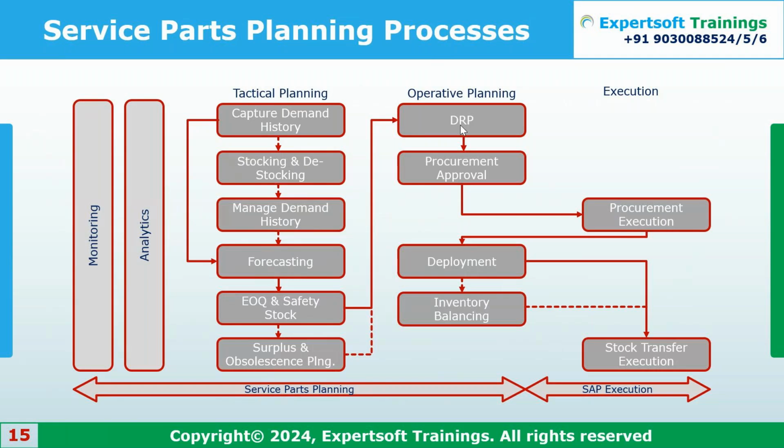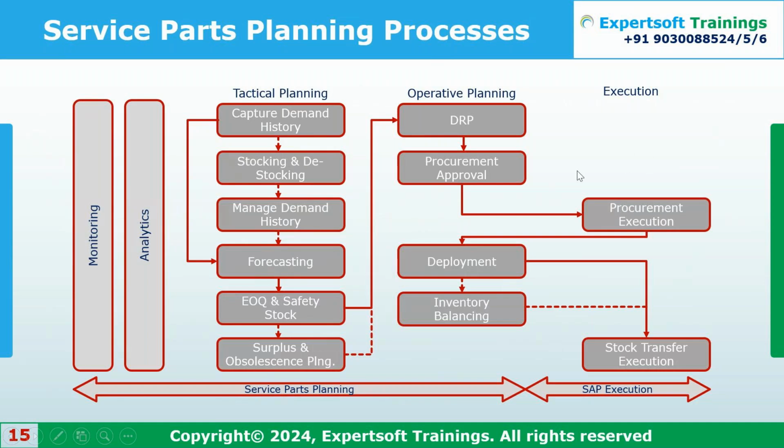If we have maintained a schedule agreement, it will generate schedule lines. If we have maintained contracts, then it will generate purchase requisitions. That will flow to the external suppliers.